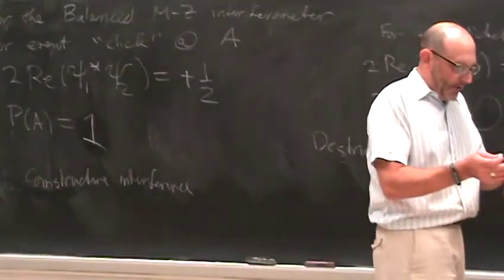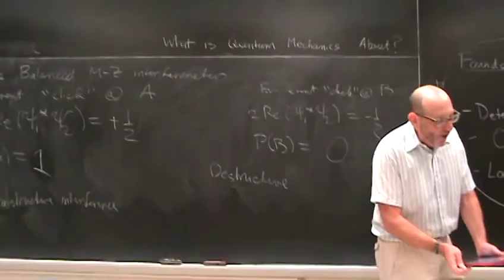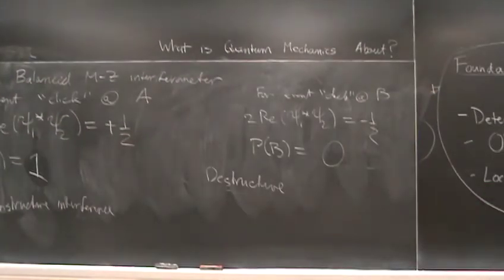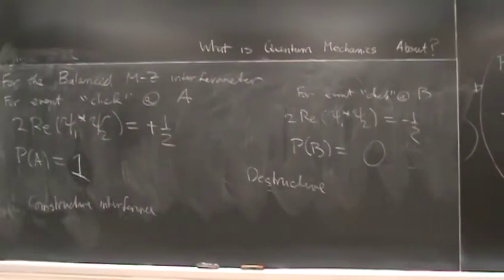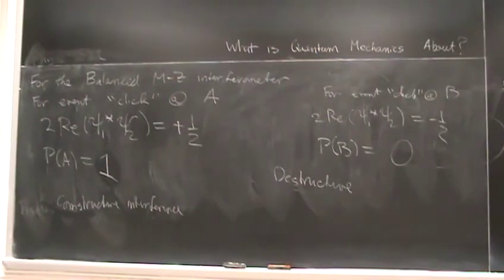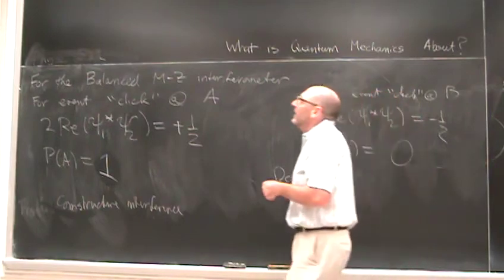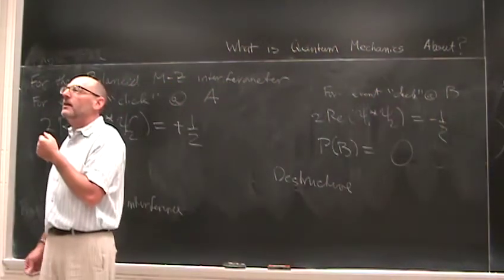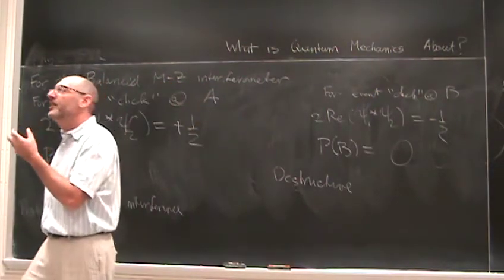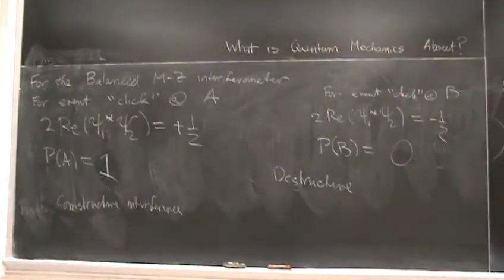So that's, in some sense, all of the mysteries of quantum mechanics, all the strangeness of quantum mechanics really is here. It's the idea that if you have different processes that lead to the same final outcome, you can't think about one or the other as we do classically logically.